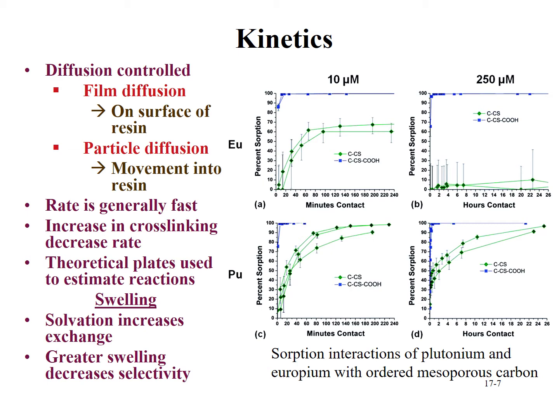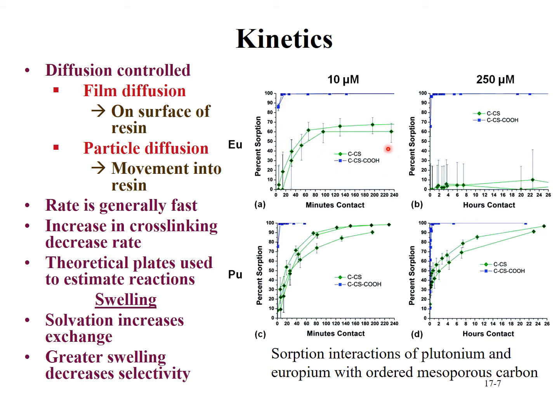Not a lot of selectivity in terms of functional group interactions with a given metal ion. And as you can see, there tend to be differences shown here with concentrations and time that it takes to reach a given plateau.